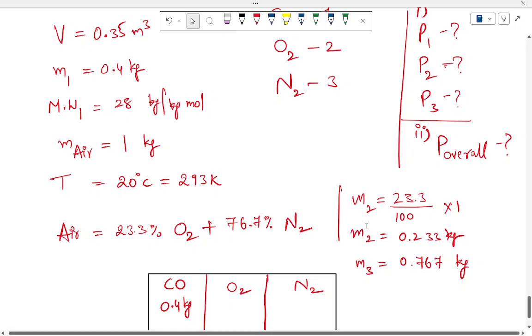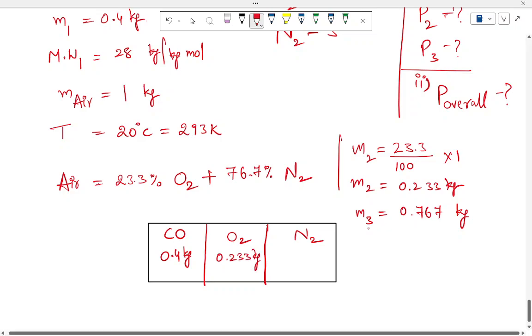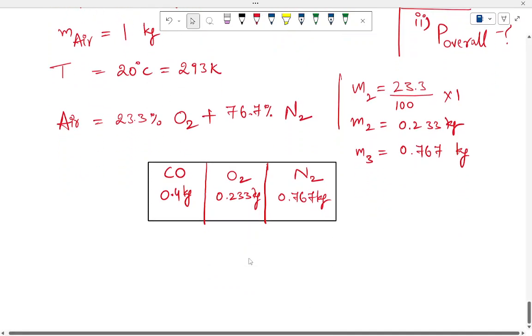So here what I have for M2 is 0.233 kg, and N2 is 0.767 kg. So this is the thing that is available to me here, and based on this I will have to calculate the partial pressure of each constituent here.